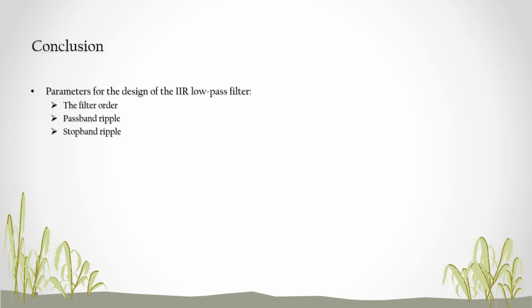In conclusion, when considering the design of an IIR low-pass filter, we have to consider the filter order, and the passband and stopband ripple. The reason for that is that the waveform will be misshaped if the filter response has ripples. The amount of that distortion depends on the amount of ripple in the frequency response.